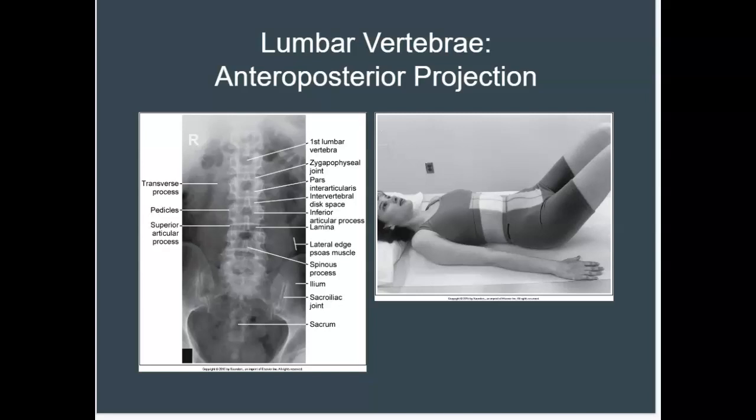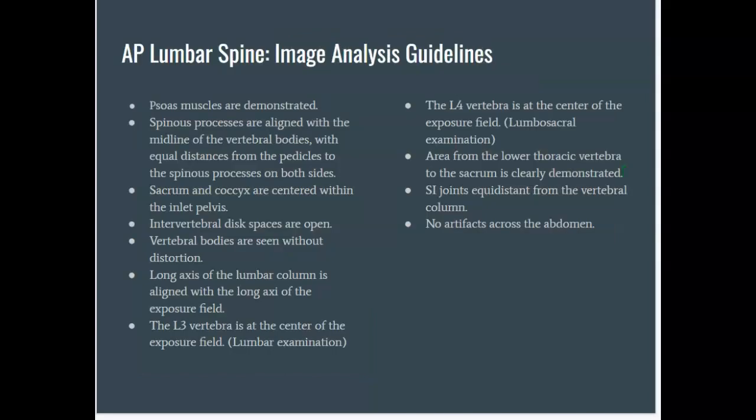So that means please remove pants or elastic wear or any jewelry that may be obscuring our area of interest here. You can see I have listed the image analysis guidelines for your review.